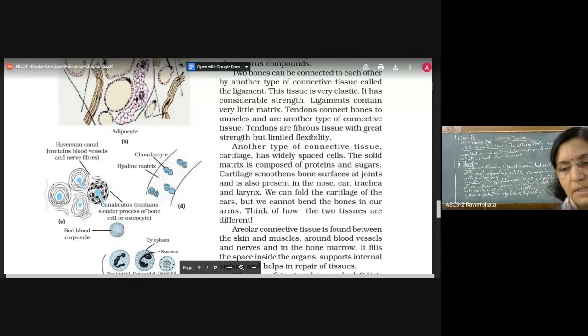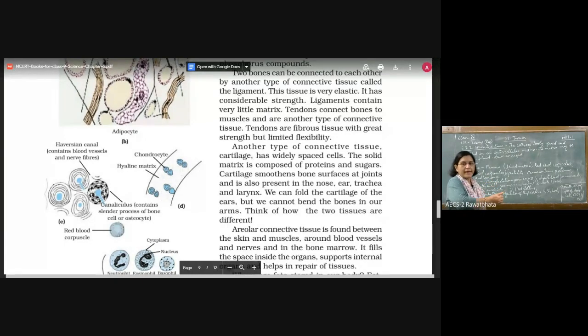Let's understand. I am going to remember the concept of ligament and tendon keeping in mind my hand.